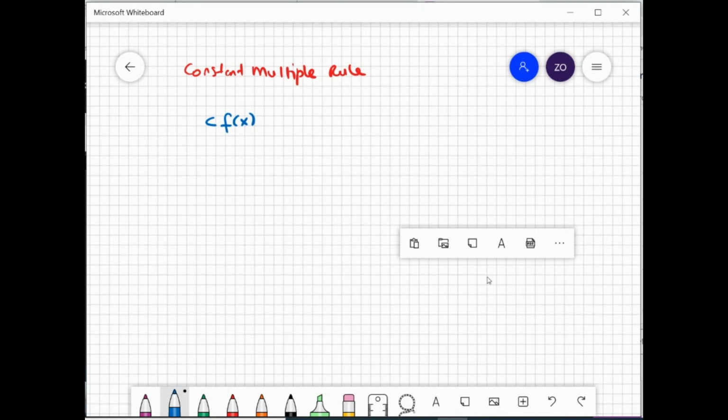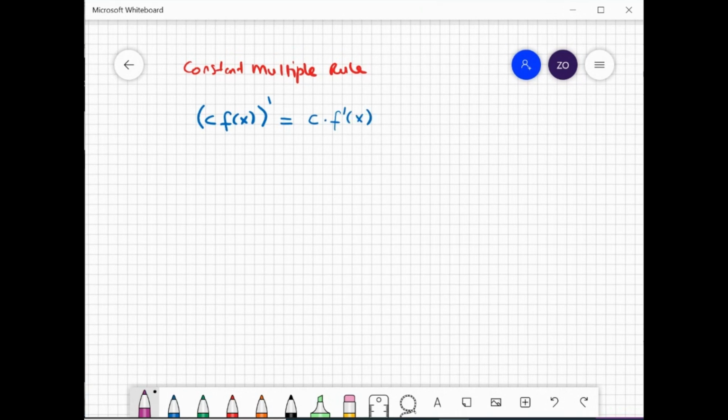So we have some number multiplied by a function, and we want to find its derivative. Its derivative will be c times the derivative of f. Let me also write it in the other notation. So d over dx, the derivative of c times f, equals c times the derivative of the f function.